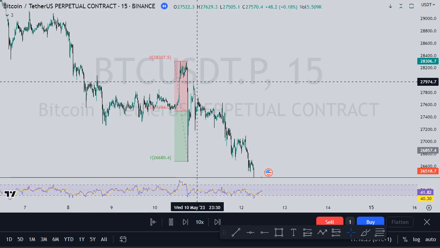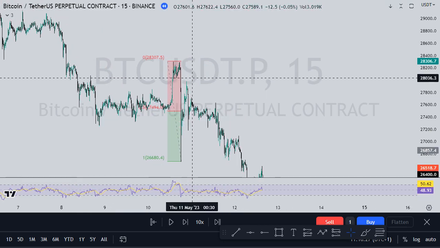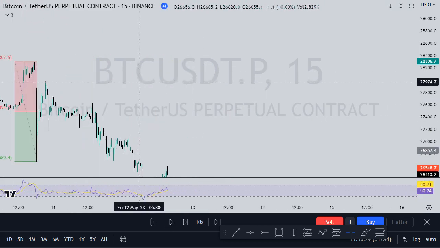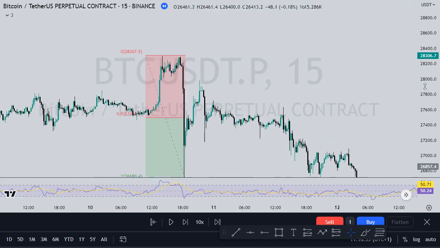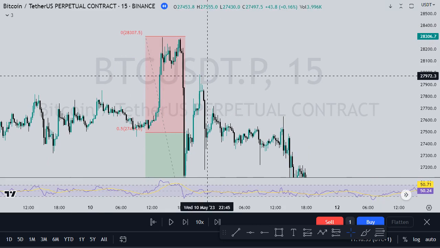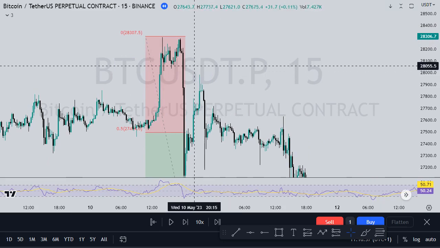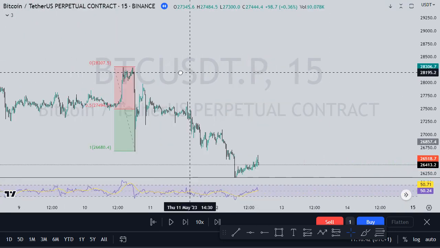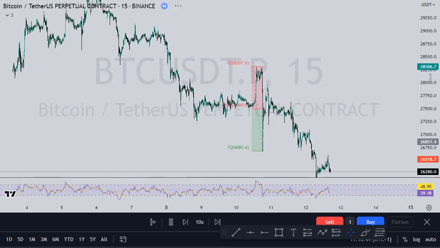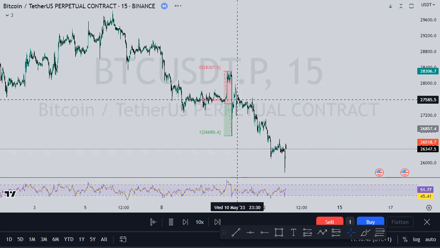Okay, someone could have sold from this level, because this level is enough retracement into the premium zone. So you could have sold right there if you are an aggressive trader.